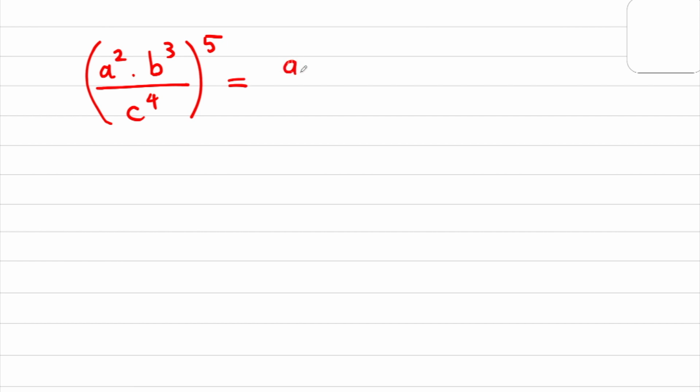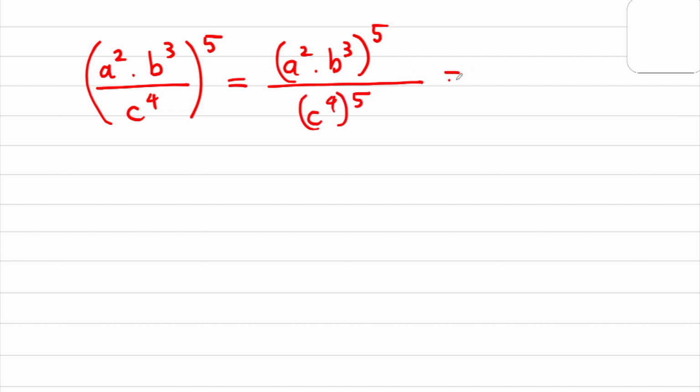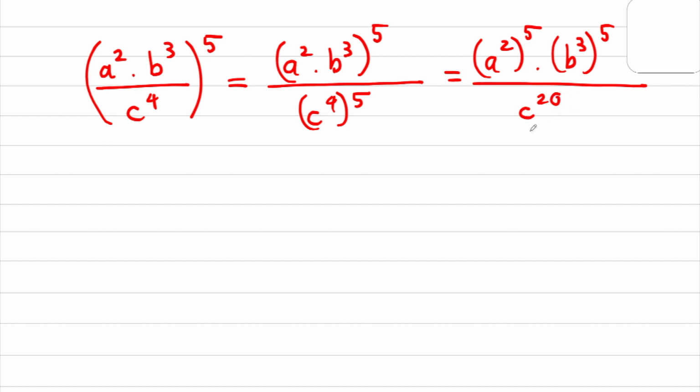I want to separate the numerator with the power number of 5 first, and then I got the denominator with the power number of 5 like this one. So for this writing, apply the knowledge about last video. You will get a squared inside the bracket and 5 outside, b cubed inside the bracket, 5 outside one more time, and you got c to the power of 20.